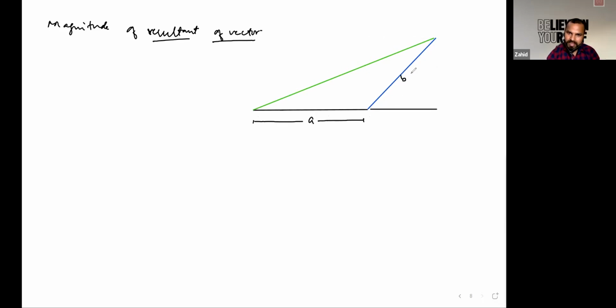Vector B having magnitude from this point to this point. This is extended part of A. And if you draw a vertical line from this point, they will meet at this point. Now the inclination between A and B is this much. And let's say this is a resultant of A and B.